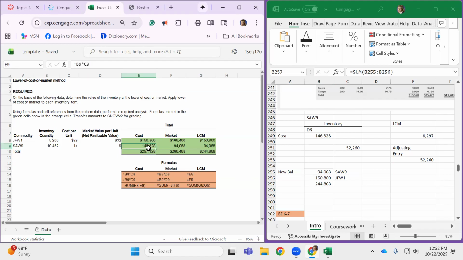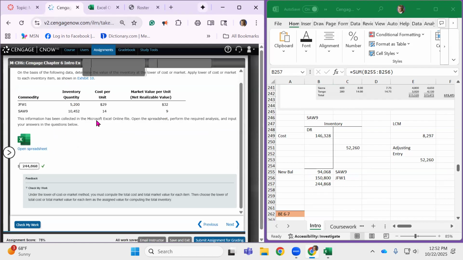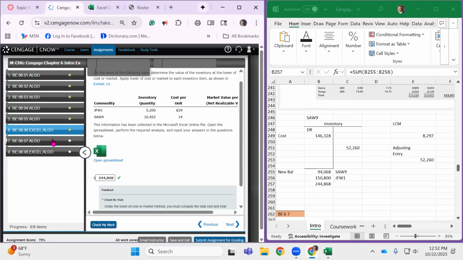That's inflated compared to what the rest of the market is selling it for. So we had to bring that second item down, right? So now our inventory, when you add the two together, is 244,868. So you'll need to do the math for yours. Probably one, the cost will be lower, and one, the market will be lower, but you've got to add them together to see what the new value of inventory is.